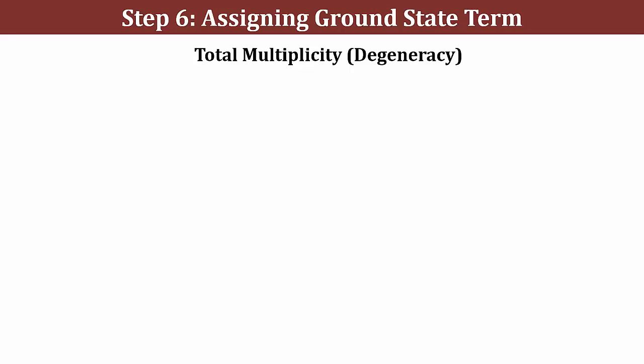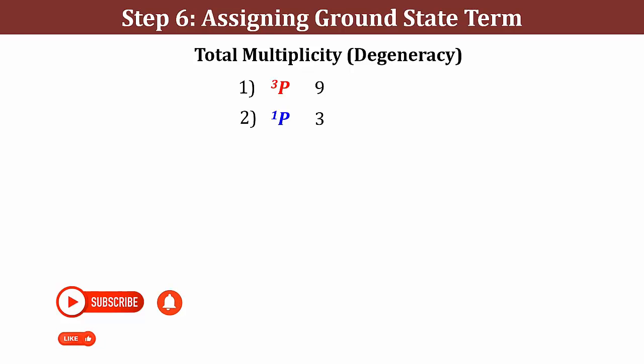Now we can calculate the total multiplicity, that is the total degeneracy. For the triplet P term, the total multiplicity is 9. For the singlet P, it is 3. So the total is 12.